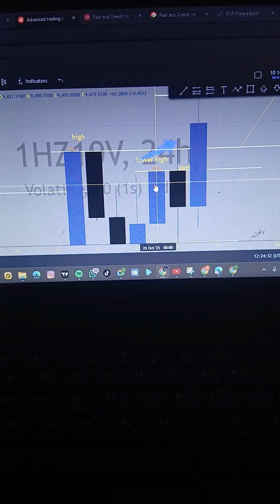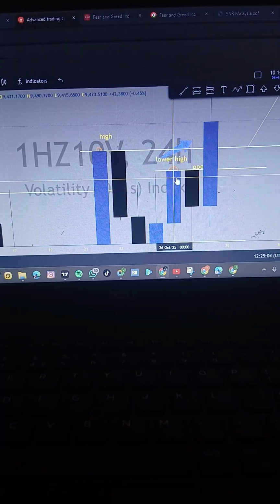When I come to this other side, I can clearly see this blue bullish candle and the black bearish one. I'm going to mark the close of this bullish candle, this buying candle, joining the open of that bearish candle.